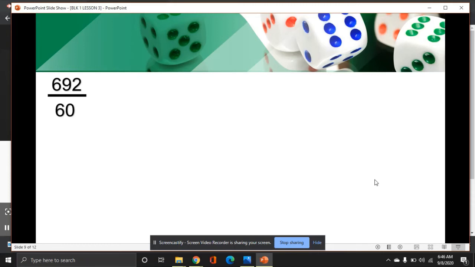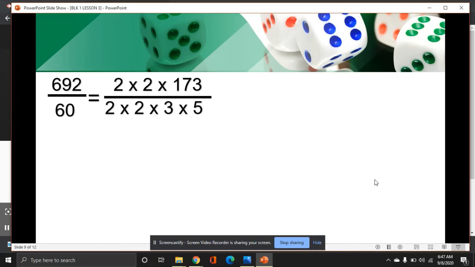So the factors of 692 would be 2 times 2 times 173. In 60, that is 2 times 2 times 3 times 5. Where did I get these factors? I get these by the tree diagram that we mostly do.